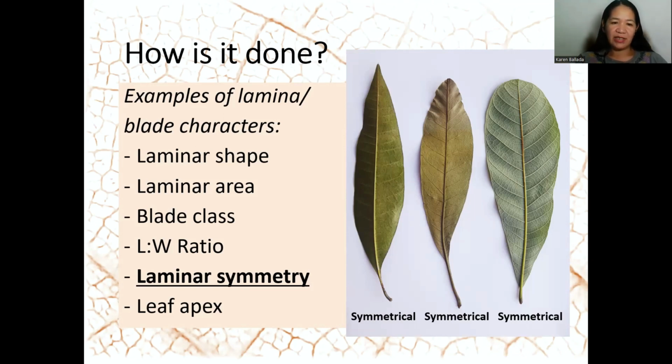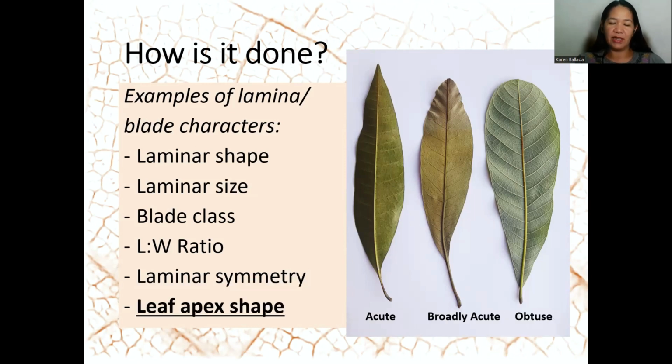And then the next character is the leaf apex. Okay, so leaf apex, we're talking about the shape of the tip part of the leaf, the more proximal part of the leaf. There are several ways by which we can describe the leaf apex. In my specimen, the leaf apex is actually quite associated with the leaf angle.